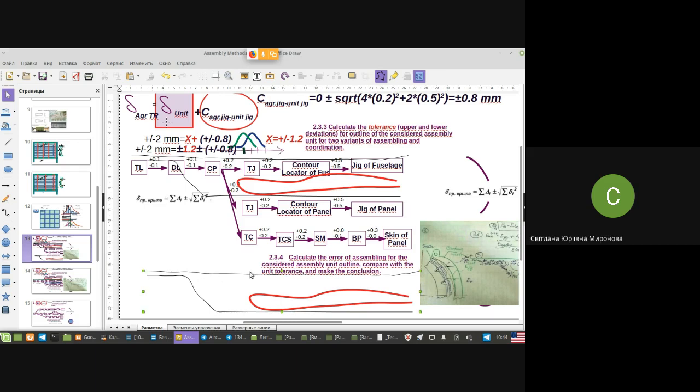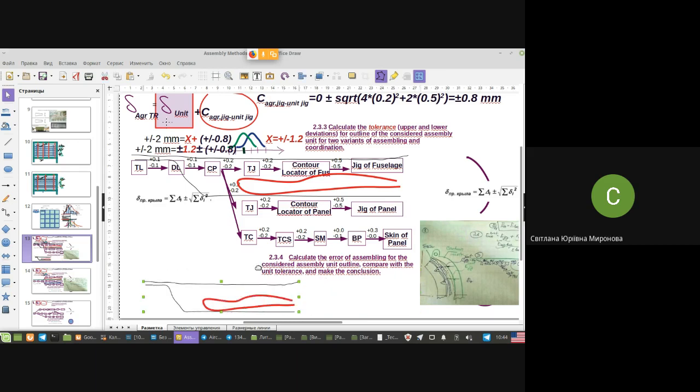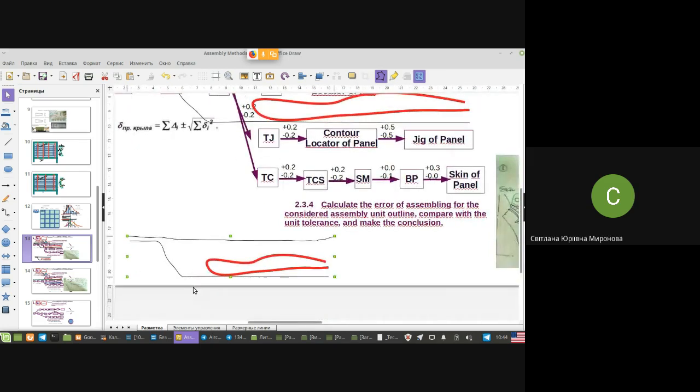I understand that it's not ideally visible, but it symbolically represents the ways you need to pass. The top line, accuracy of one jig, the bottom line, accuracy of lower jig. Pay attention. First, some steps, they pass it together. Do they have difference at these stages where they come together or not?